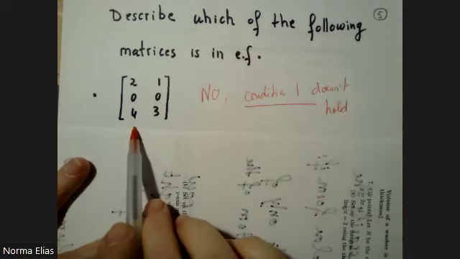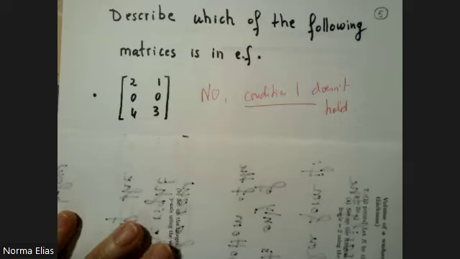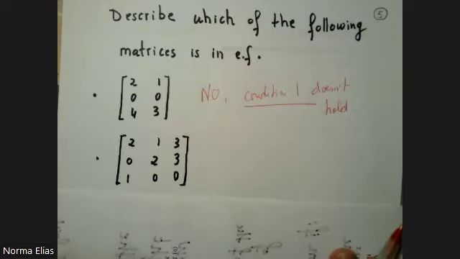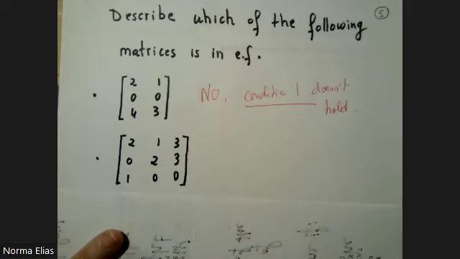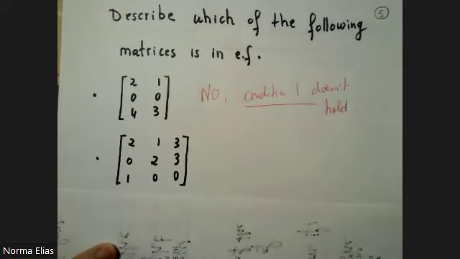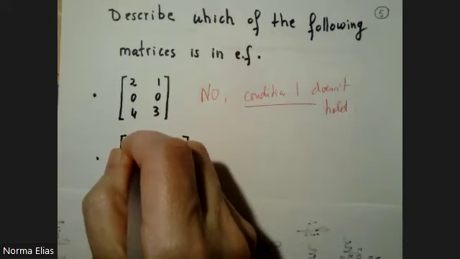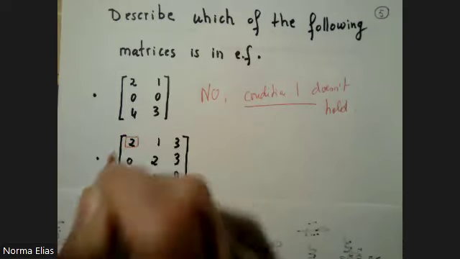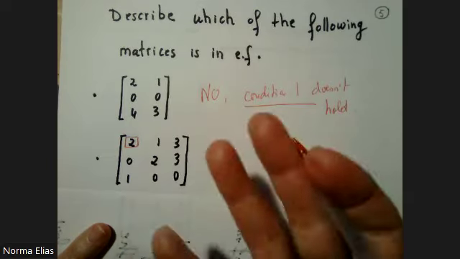Because all the rows of zeros have to be at the bottom. Now, another matrix. Again, you can write it down and then we discuss it. Is this in echelon form? Also no, absolutely. So whenever I ask you whether a matrix is in echelon form, all of you are correct. Usually we start putting a square on the leading entries because this really helps us to understand.